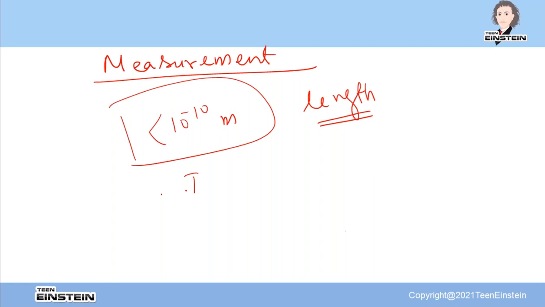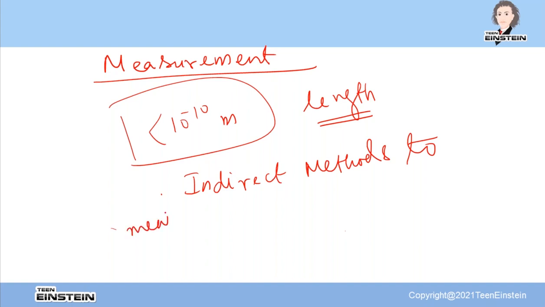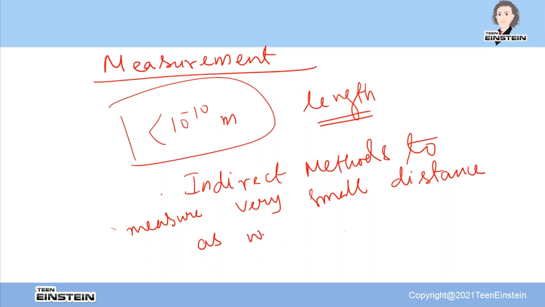We have used direct methods, just taking the meter scale, screw gauge or slide calipers to measure smaller distances, but there are certain indirect methods to measure very small distances as well as very large distances.